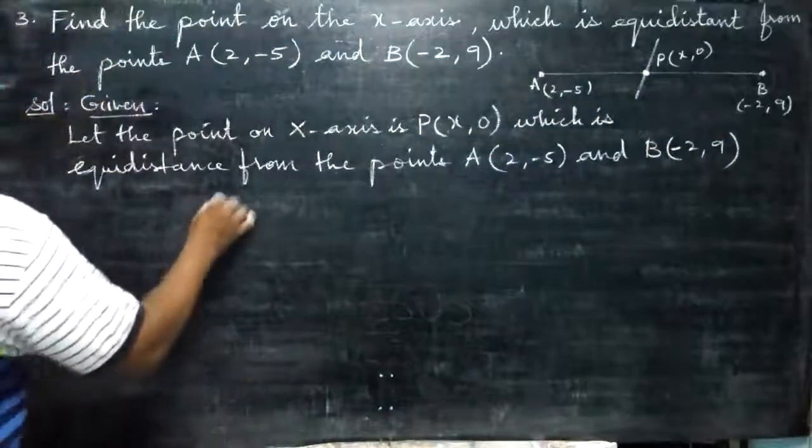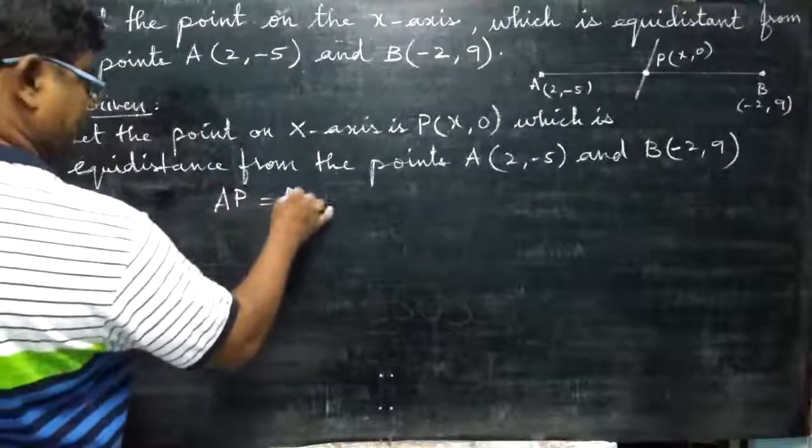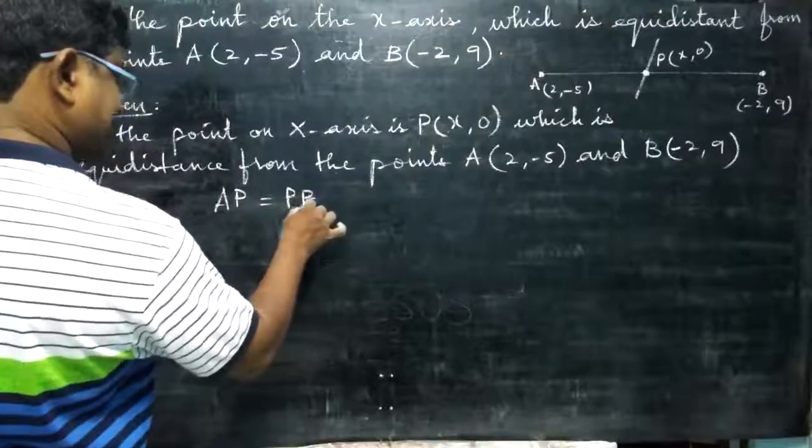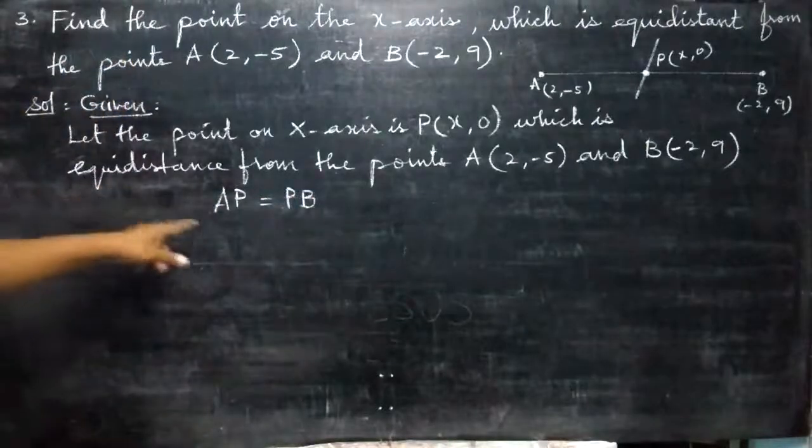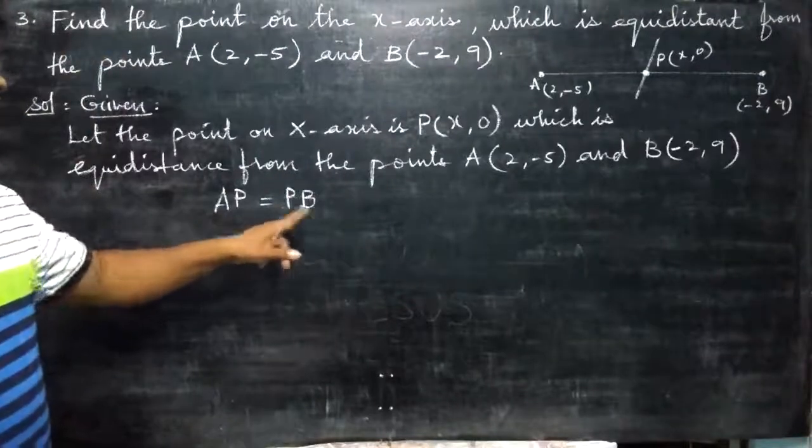The meaning of that is AP is equal to PB. The whole sentence's meaning lies here: equidistant, AP is equal to PB.